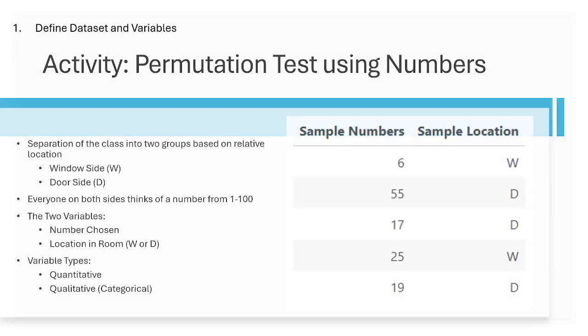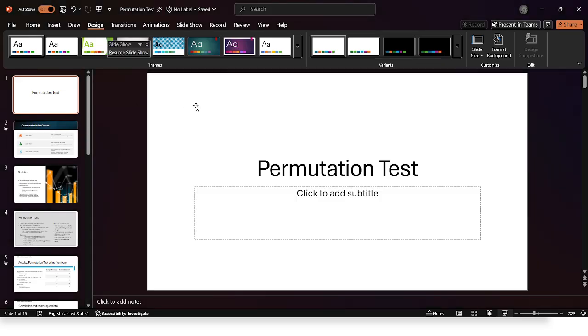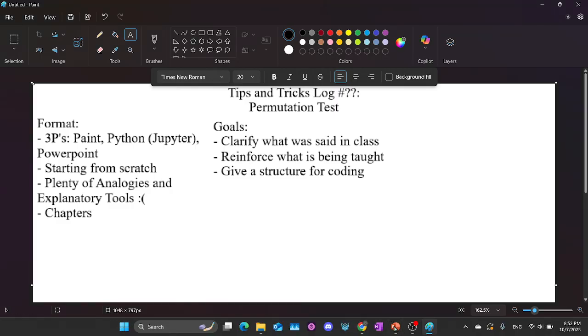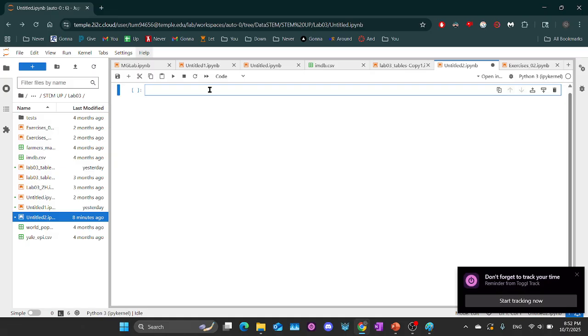Okay, so first step, we have to define our data set and our variables, right? So this is where I'm going to go back to Jupyter because I want to show you something. This might be review. It's generally looking at how tables are structured and formatted, especially in regards to data, right?